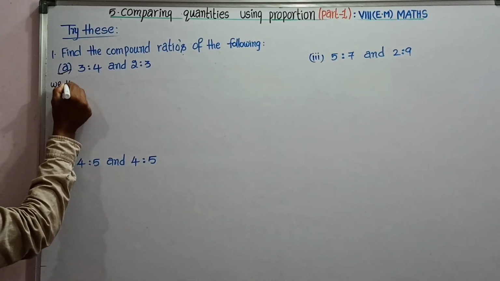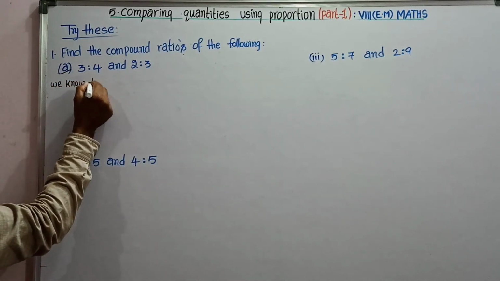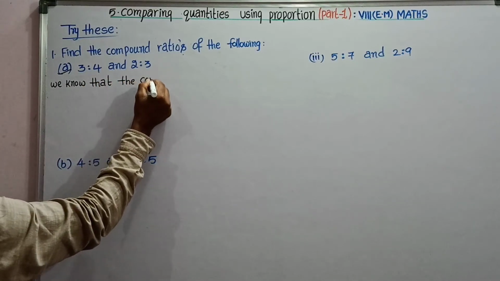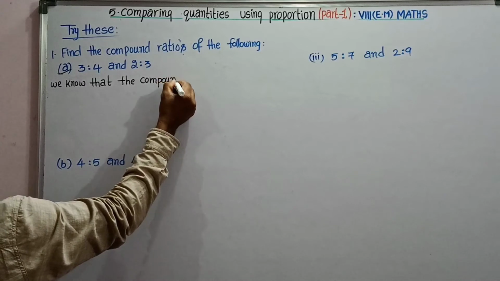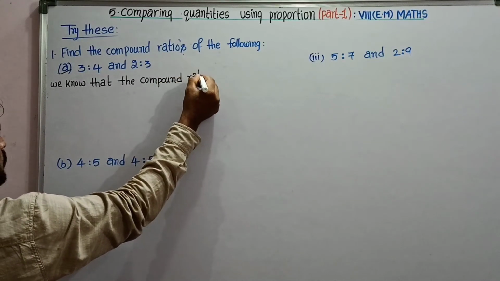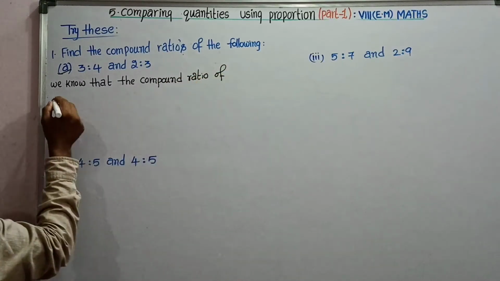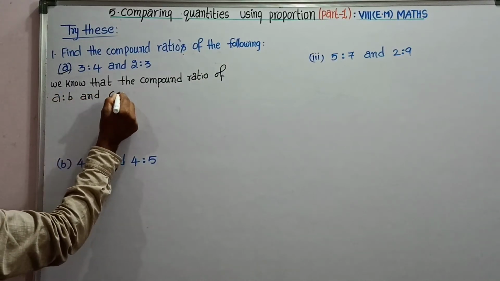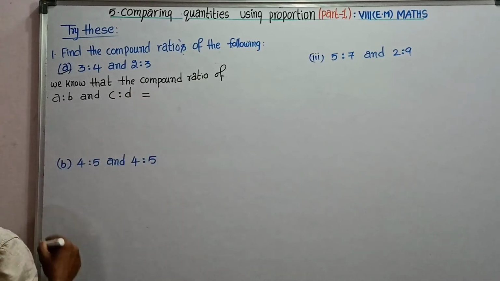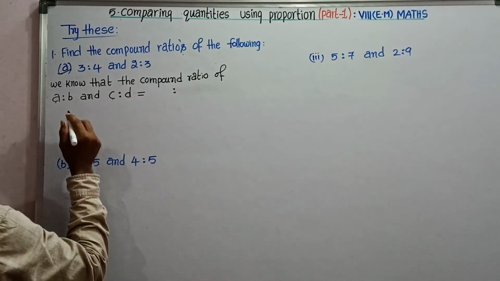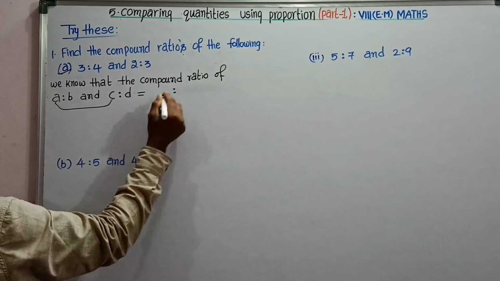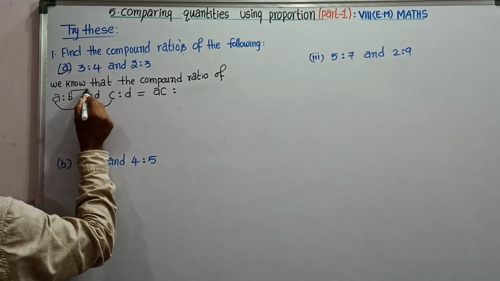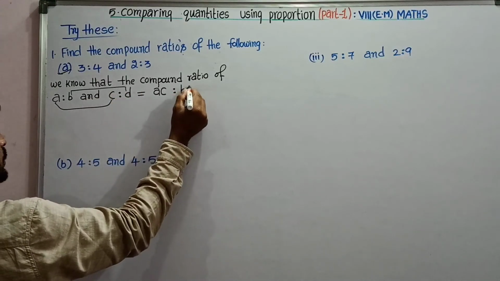We know that the compound ratio of A is to B and C is to D is equal to the ratio of the product of their antecedents, that is A into C, is to the product of their consequents, that is B into D.